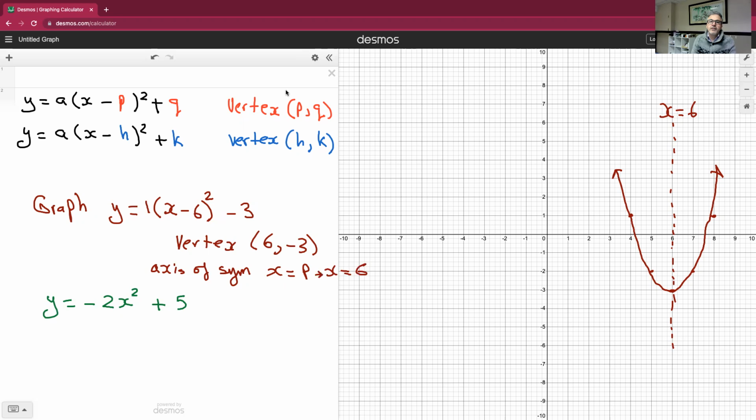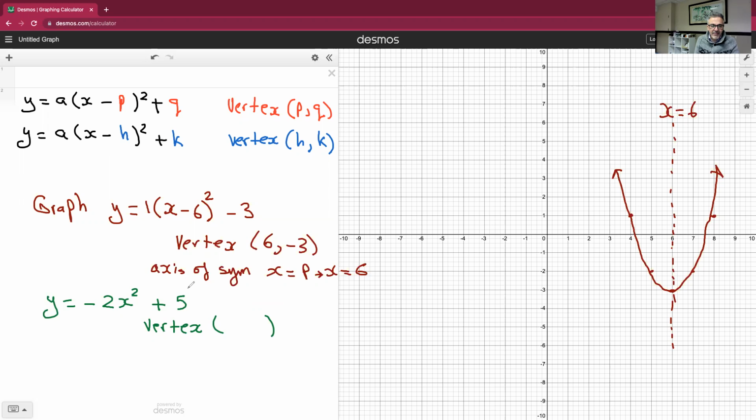All right. So now we'll go to the next question, and the next question has a little bit of a twist to it, but it's almost the same thing. Now, the first thing we need to do is find the vertex. Now, some of you will say, I know how to find the vertex when it's written like this, but now it's written a bit different. Well, this is exactly like this.